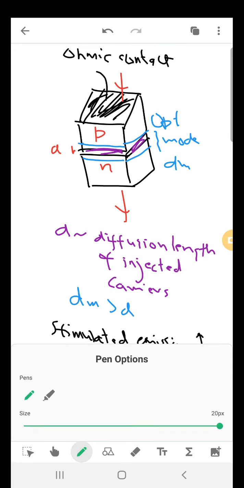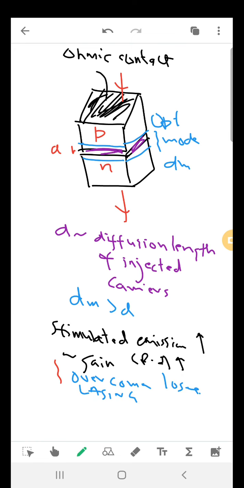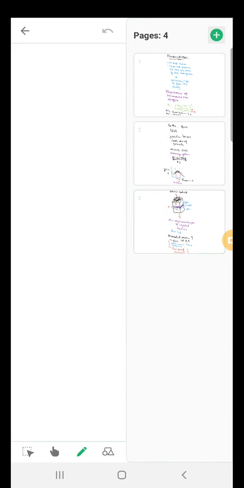Lasing takes place at a threshold current. This threshold current can be represented graphically.